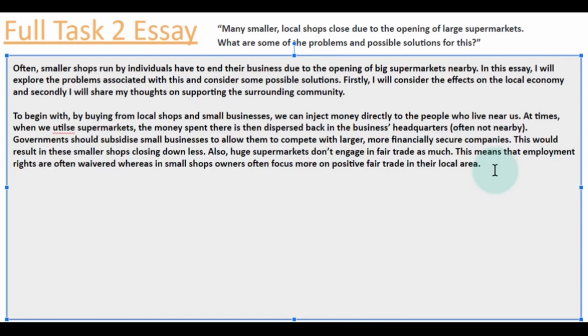Let's move on to supporting paragraph 2. So we were saying about customer service and supporting the local community. So I'm going to talk about customer service first.